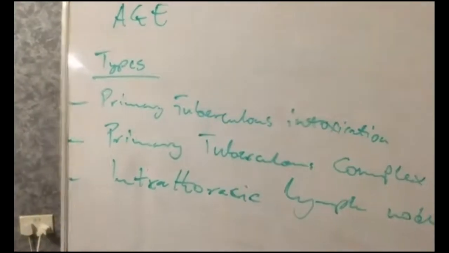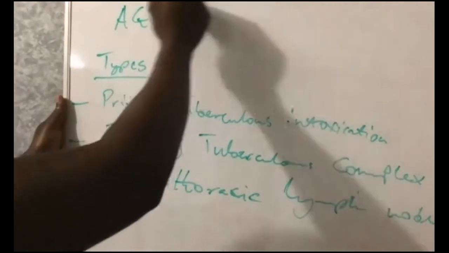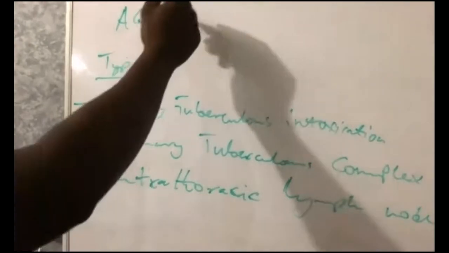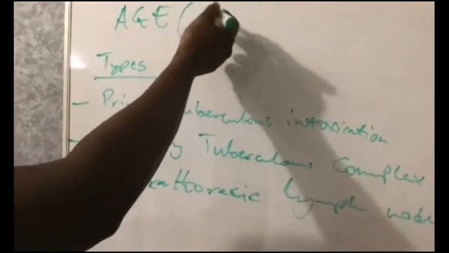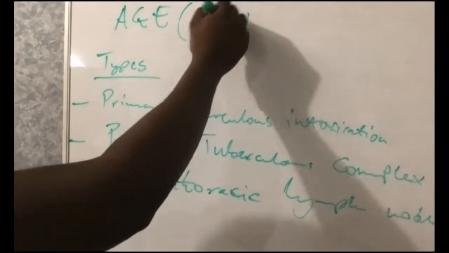So, first of all, primary tuberculosis occurs in younger age people. That's the first time they are being exposed to Mycobacterium tuberculosis. So usually those people are young, below 20, 21, thereabout.